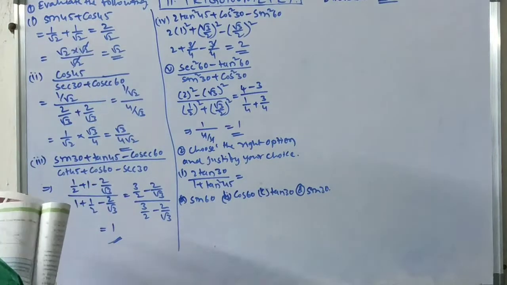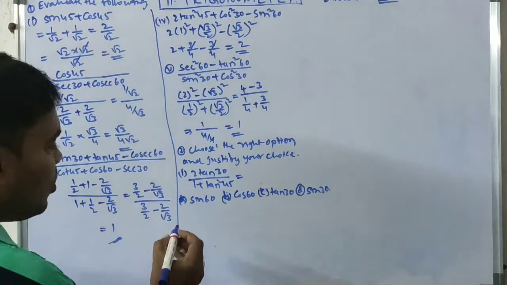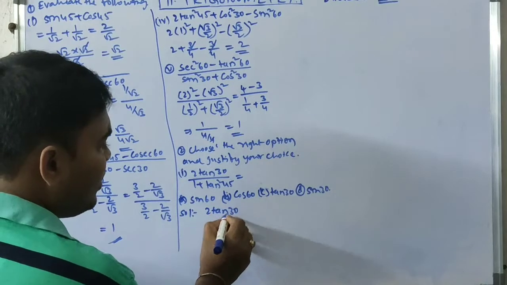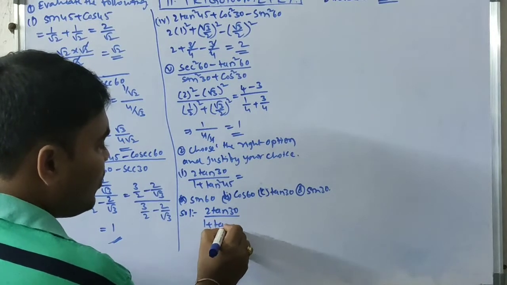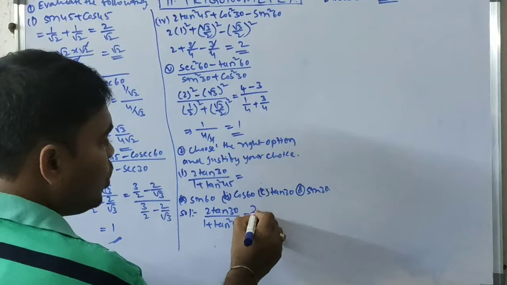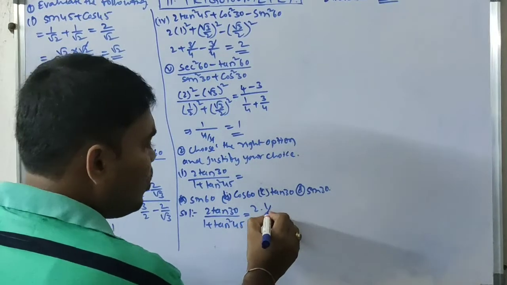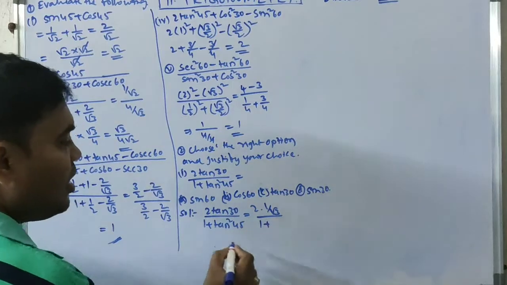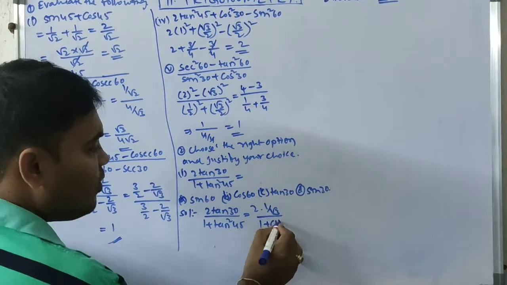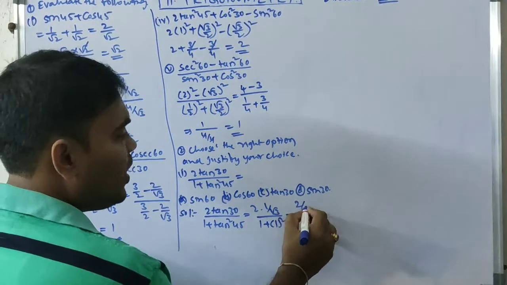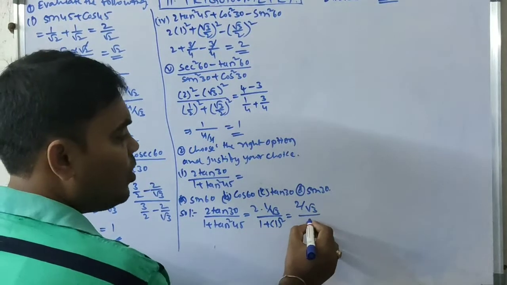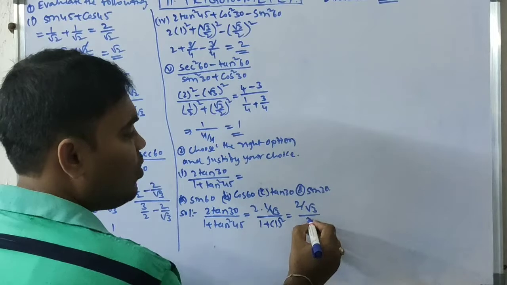Okay, now so solution: 2 tan 30 by 1 plus tan square 45. 2 into tan 30 value 1 by root 3, 1 plus tan 45 value 1 square. 2 by root 3 by 1 plus 1 square, 1 square equal to 1, 1 plus 1 equal to 2.